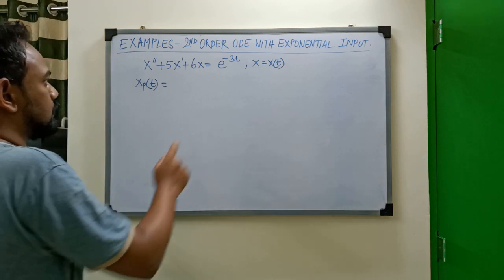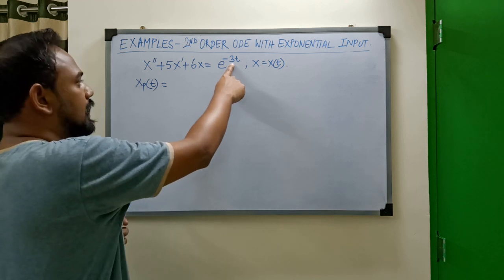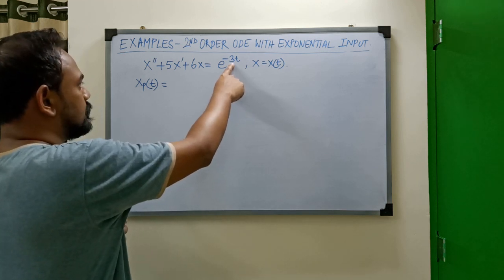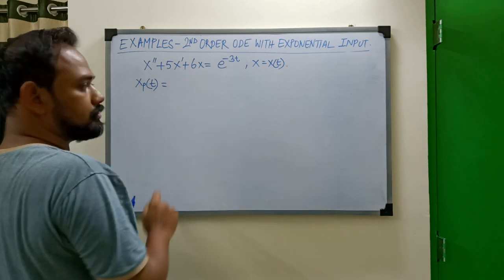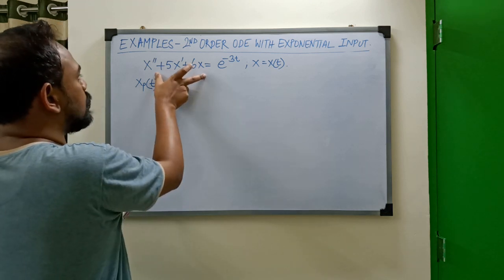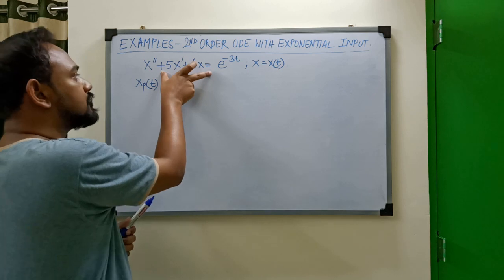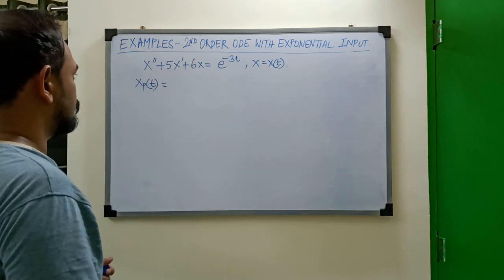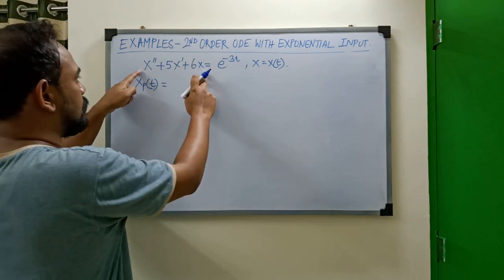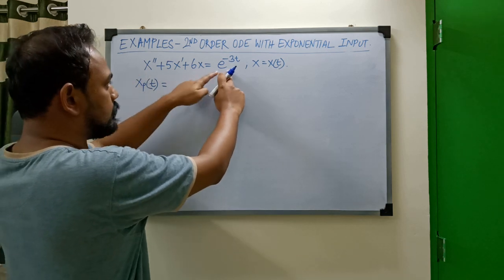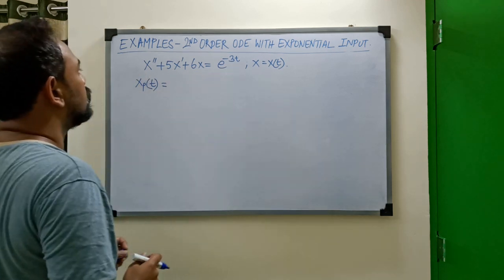So the question was, is this factor small a equal to any of the roots of the auxiliary equation of the homogeneous form of this differential equation? The homogeneous form was just with the right hand side being 0.